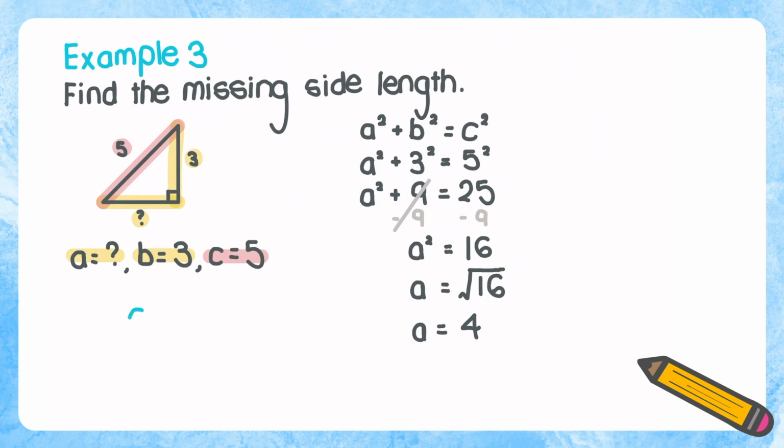So for this problem, we just have an exact answer, a equals 4. So the missing length in this case was a leg length, and we found that a equals 4. So for this example, I set a as the unknown, but you'd get the same answer even if you set b as the unknown.